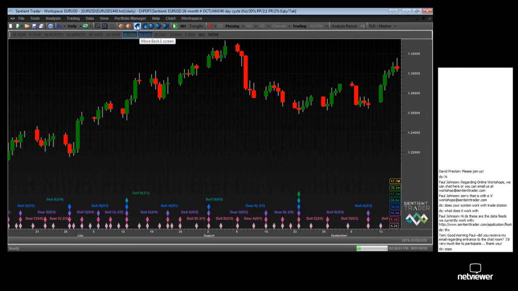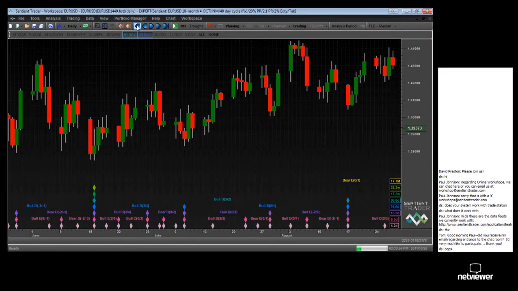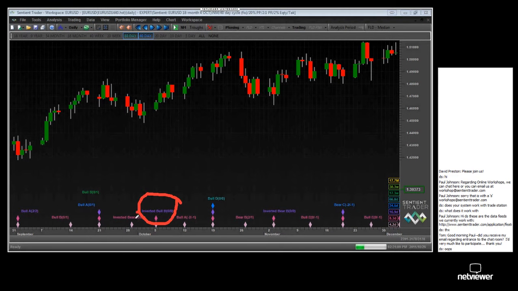So far, I cannot see any inverted patterns. You can see the patterns described at the bottom of this chart. I expect we'll see some inverted patterns if we zoom in here. No, still not a single inverted pattern. And if I keep going through the chart, I can't see an inverted pattern. They're very easy to see because they're written. There's an inverted pattern. Okay.